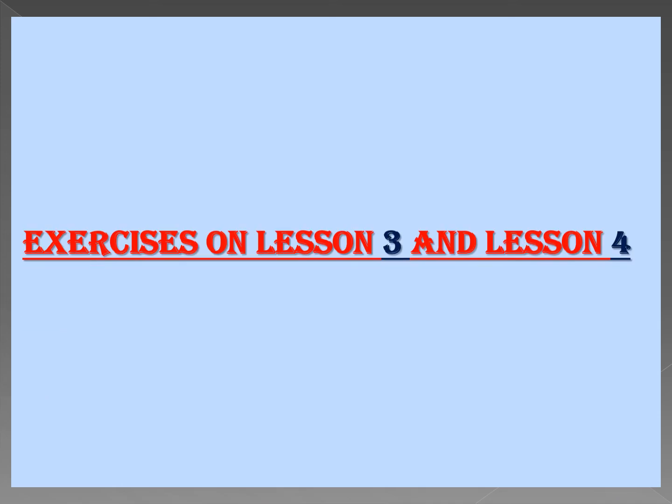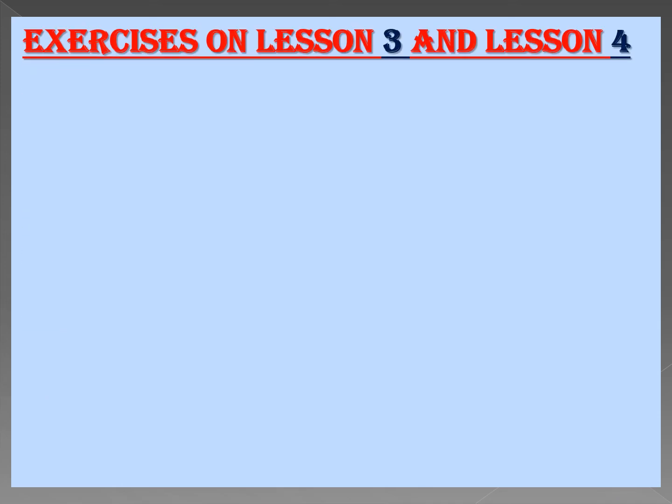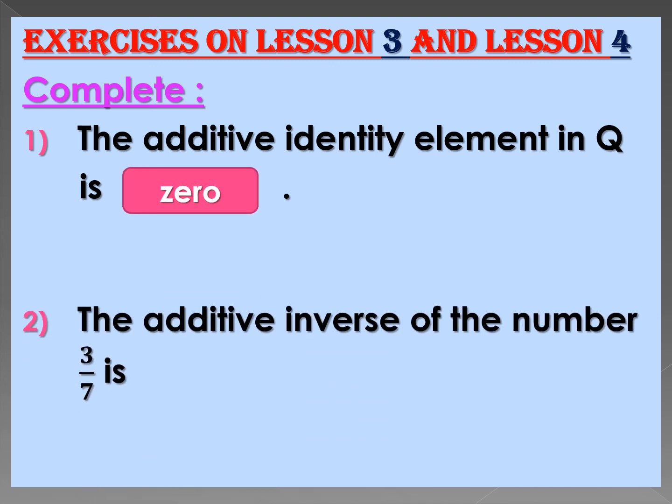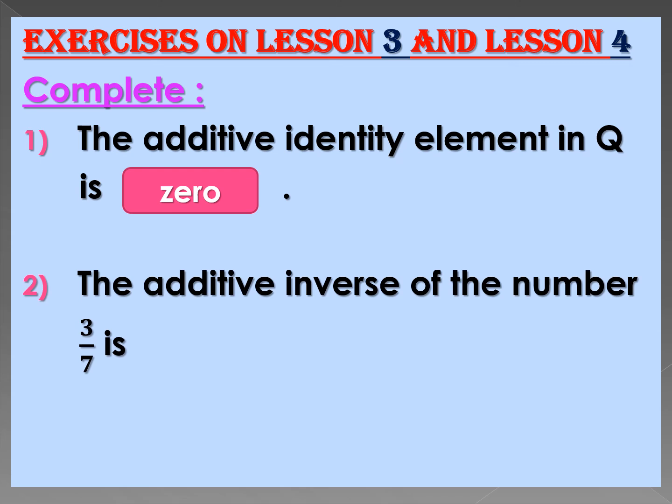Now let's have some exercises on lesson 3 and lesson 4. First, complete: the additive identity element in Q is, yes, 0. The additive inverse of the number 3 over 7 will be, yes, negative 3 over 7.